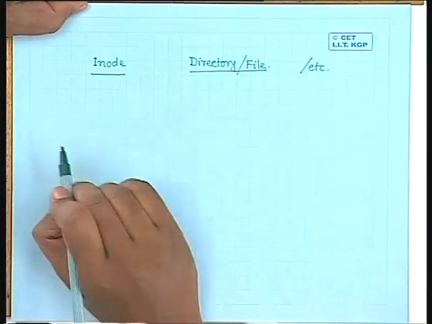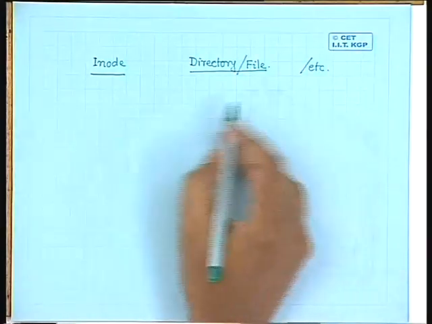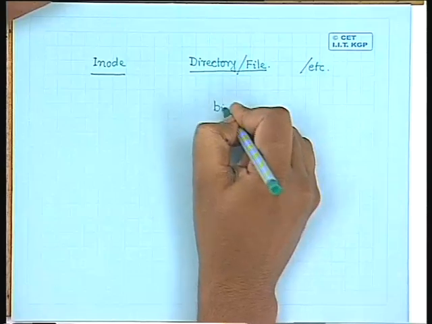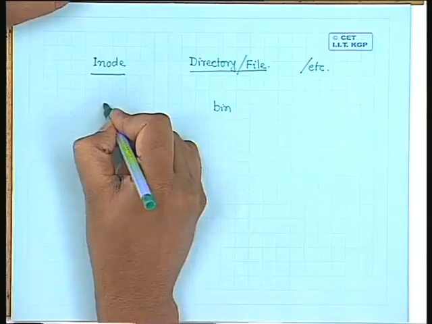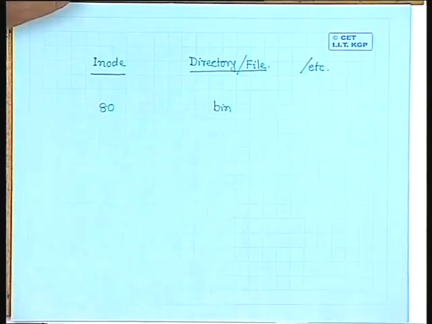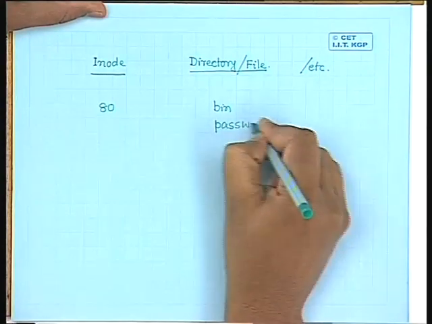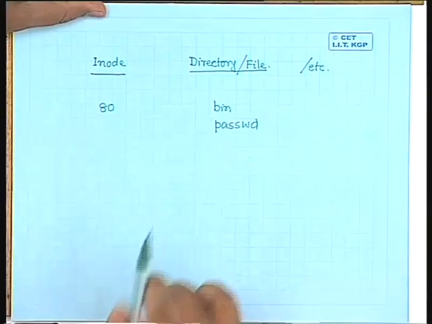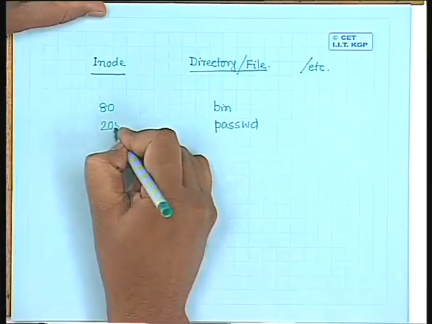Under /etc, we can have a number of subdirectories or a number of files. For example, under /etc, I can have a subdirectory, say bin. This subdirectory bin will have a specific inode number, let us say inode number 80. Under this, I can have a file, say password. This password again will have a unique inode allocated to it, and let us assume any number, say 205.